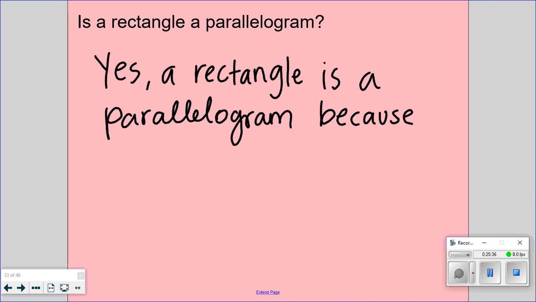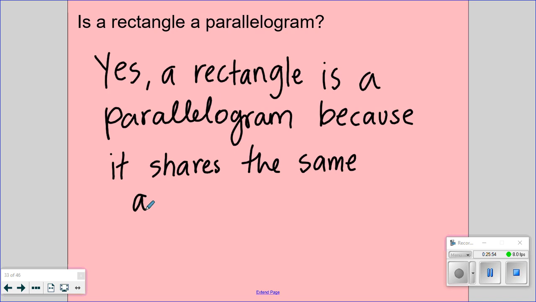So yes, I could say because it has 4 corners, 4 sides, and 2 sets of parallel lines. But I could also say because it shares the same attributes. It has the same rules. Rectangle just has one more rule of that square corner, but other than that, they have the same rules.